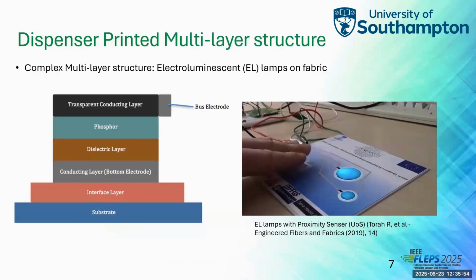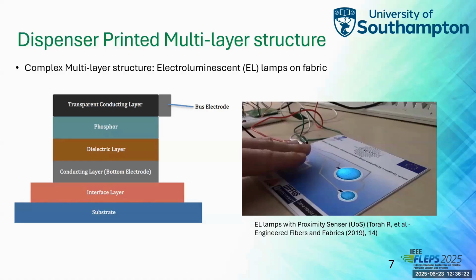And this one shows a multilayer structure. Before, my research group did this, you can see it's a complex multilayer structure with lots of layers and different materials. This one is an EL device with a proximity sensor. When we bring a hand close, the lamp will light.